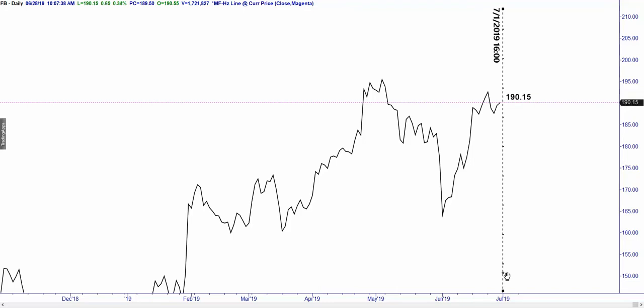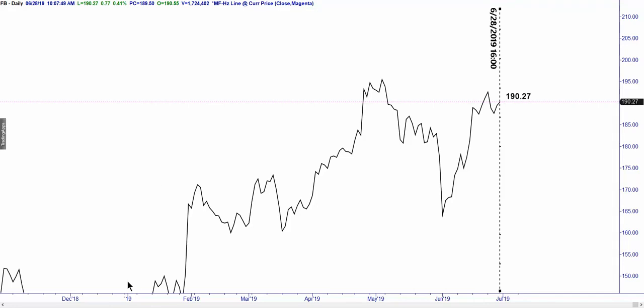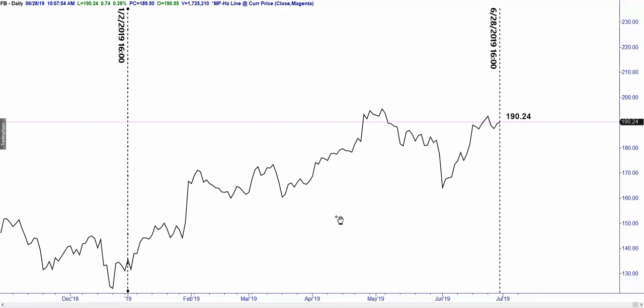Once trading is done today, exactly one half of the year will have concluded. So if I throw this line here and this line right here, well, basically this is the full year of Facebook here, okay, and essentially there are approximately 126 data points.